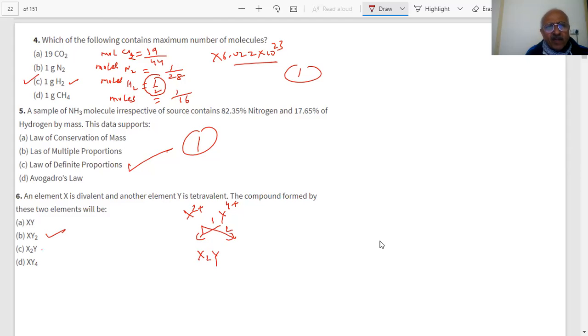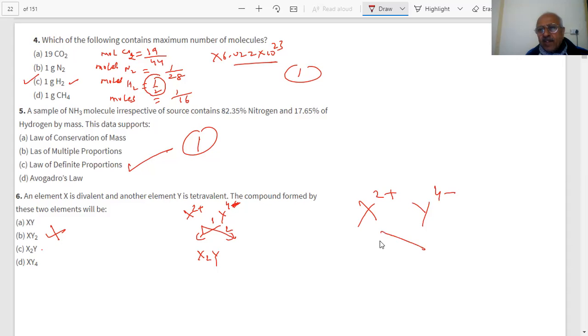What answer you have given? Sir, I said B. B cannot be, look, B is wrong. X2 plus X is divalent, Y is tetravalent. Tetravalent, this will be 4 minus.